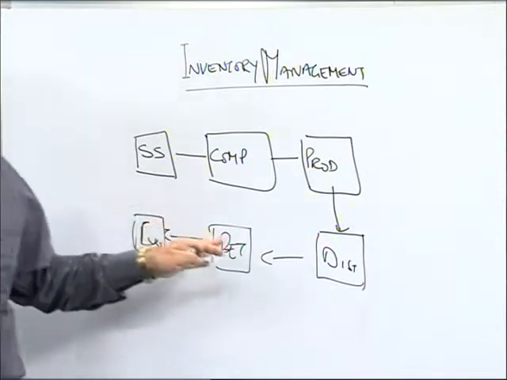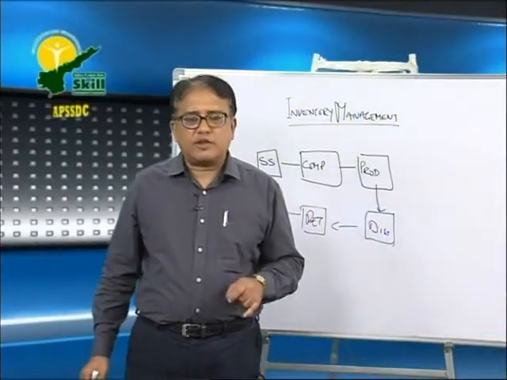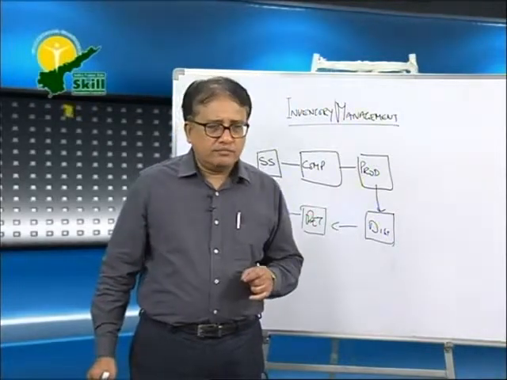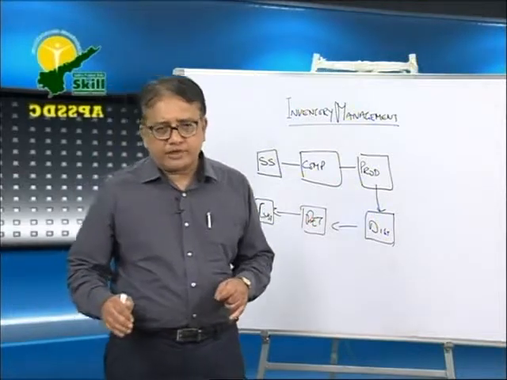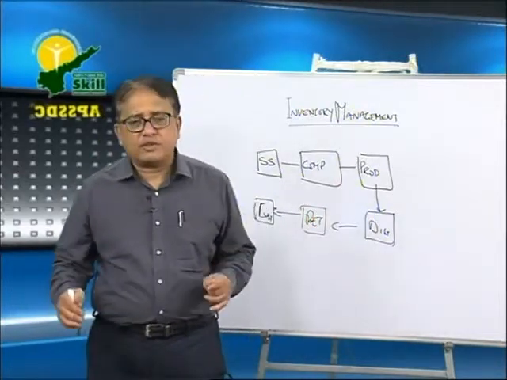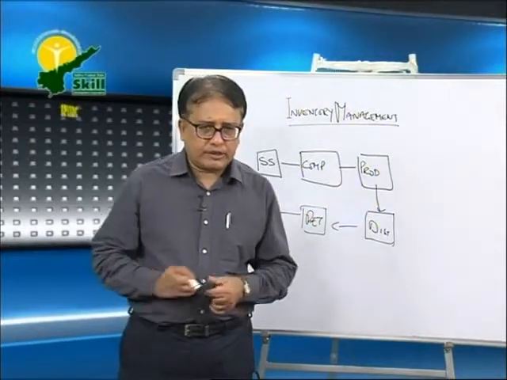At every stage, and if you remember when we discussed logistics function, we said logistics function is comprised of facilities who perform different functions, and one of the functions was warehousing and inventory management.